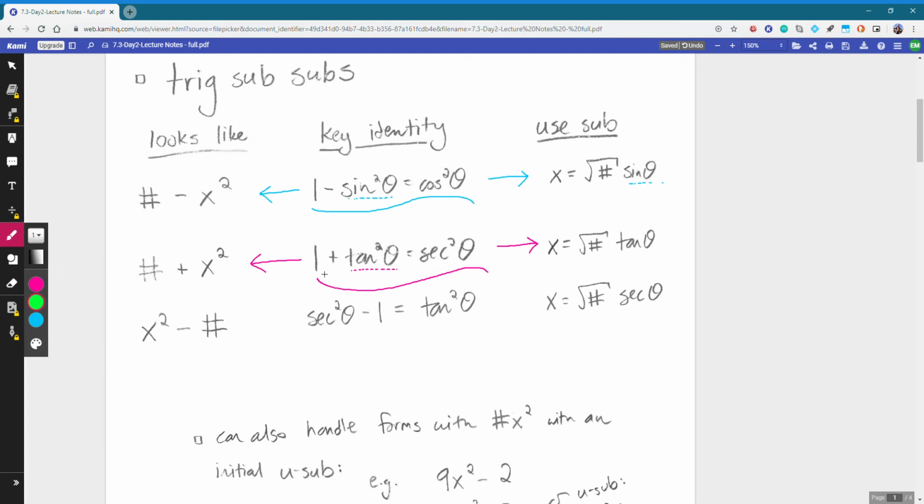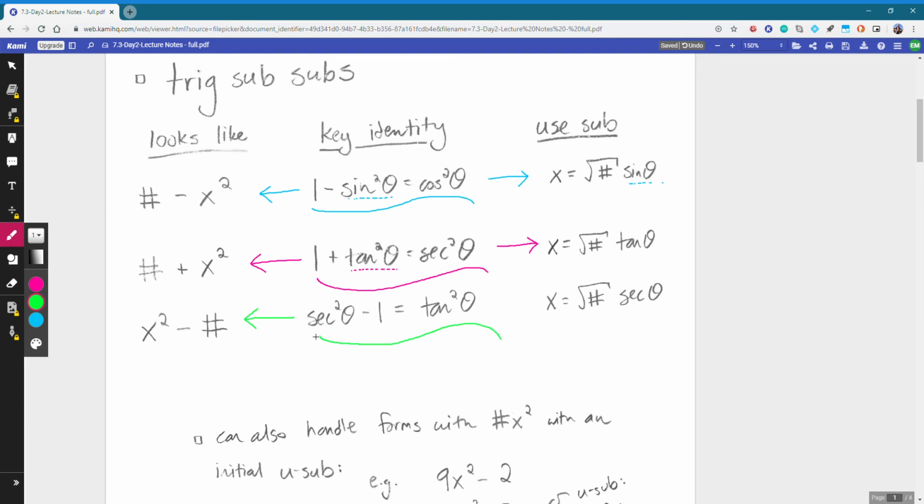And finally, if we take this identity in the middle and subtract the 1 over to the right, we get the identity down here, secant squared theta minus 1 equals tangent squared theta. Thinking along these same lines, this left-hand side is going to allow us to handle forms like x squared minus some number, since we have something squared minus 1.